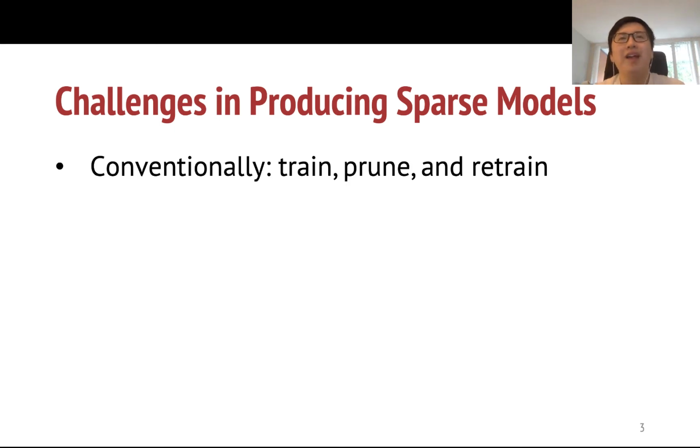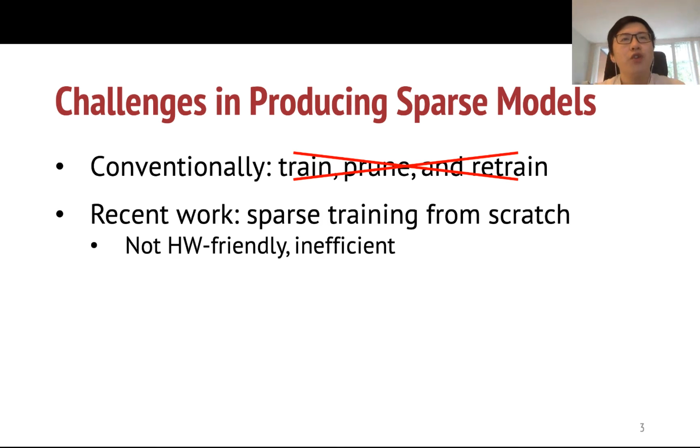Conventionally, we obtain a sparse model by first training a dense one, and then iteratively prune and retrain to recover accuracy. However, this takes more energy and time compared to a dense baseline due to the additional iterative pruning and retraining procedure. Recent work studied techniques to train a sparse model from scratch to avoid this overhead.